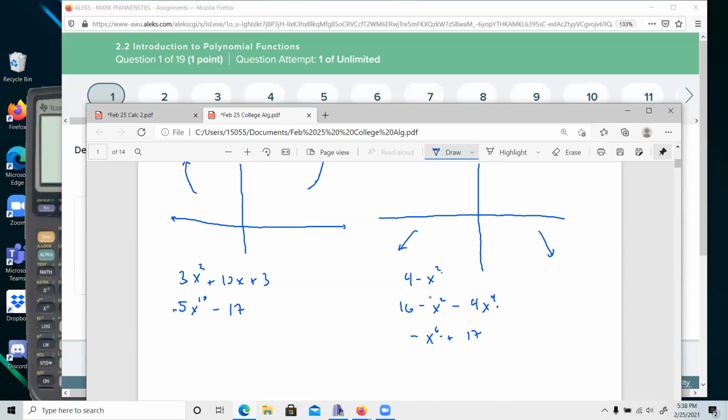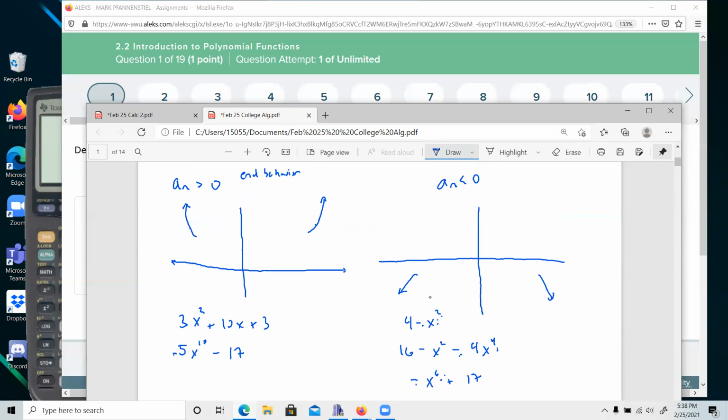Okay, but the leading coefficient, because it's the thing in front of the highest degree term. So even though this is positive, no, the leading coefficient is the one that's attached to the highest x. These are all negative, so my end behavior is going to look something like this.